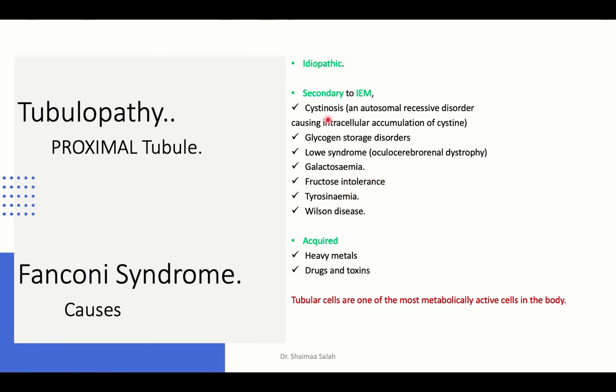So cases of cystinosis, accumulation of cystine intracellularly, glycogen storage, accumulation of glycogen intracellularly, Lowe syndrome, or what's called oculocerebrorenal dystrophy, remember this, galactosemia, accumulation of galactose, fructose intolerance, accumulation of fructose, tyrosinemia, accumulation of tyrosine, Wilson disease, accumulation of copper. All these will be stored in the renal tubules and present with Fanconi syndrome.